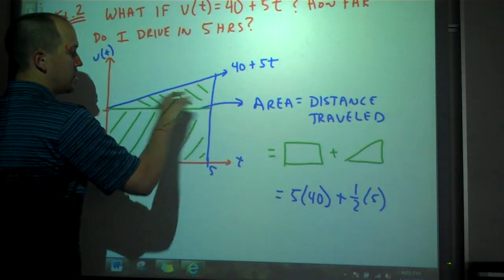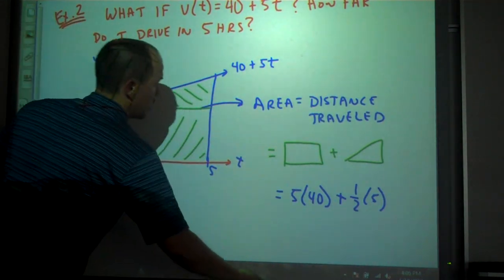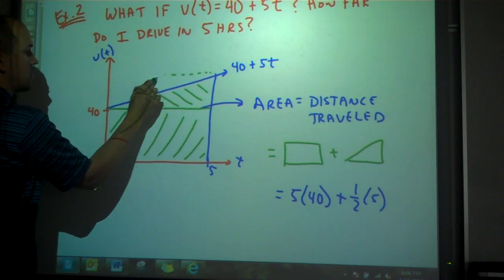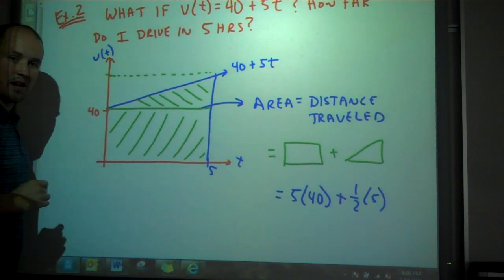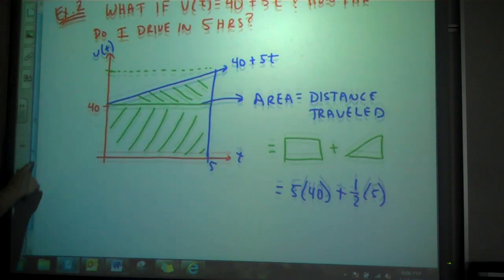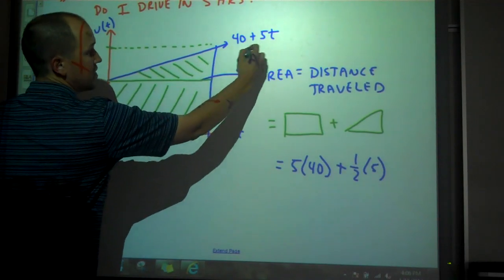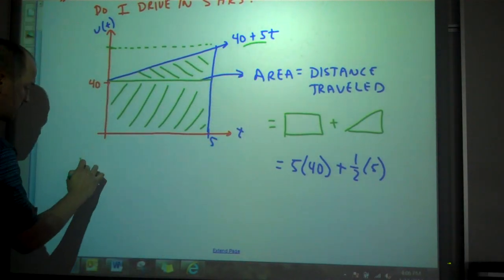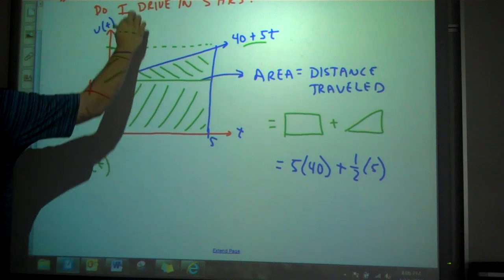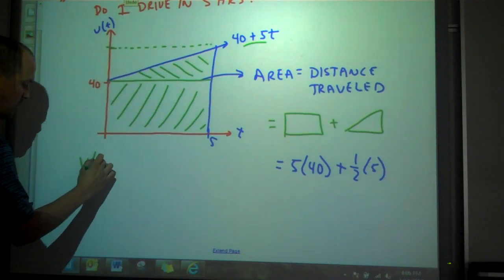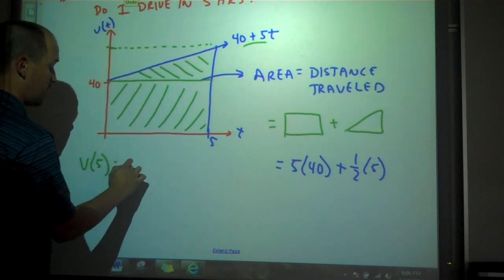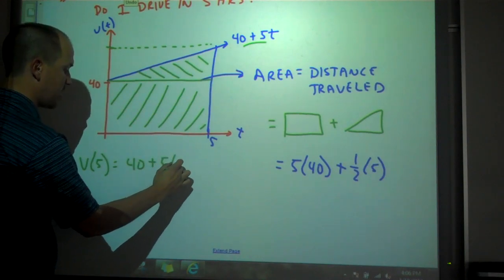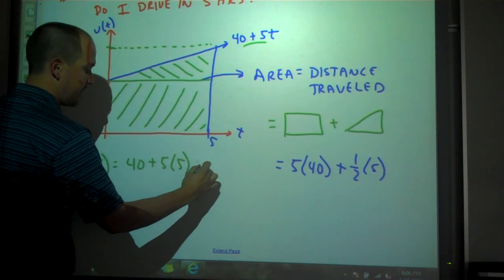But our height, we don't know. What I need to find here is the height of the function at that point. That's just the value of this function at 5. So let's just quickly find v at 5. So 40 plus 5 times 5, that's 65.